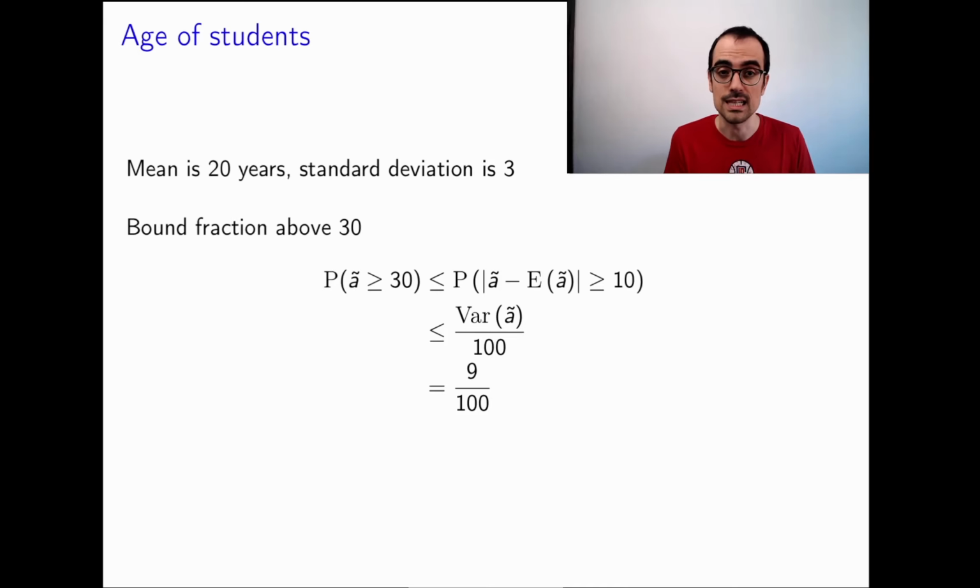This is much, much tighter, which makes sense because we're using additional information about the distribution, which tells us that it's tightly concentrated around 20. Markov's inequality cannot use that information. It also has to hold for distributions that are not as tightly concentrated around the mean. This is why this bound is tighter, and whenever you can apply Chebyshev's inequality, it is going to be tighter than Markov's inequality.